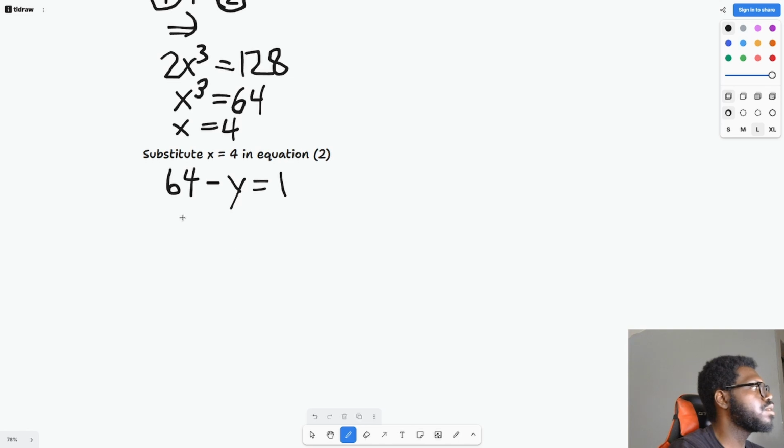Now, if we subtract 64 from both sides, we get negative y is equal to negative 63. And then from here, if we either divide or multiply both sides by negative 1, it doesn't matter. Then the negatives cancel and we get y is equal to 63.